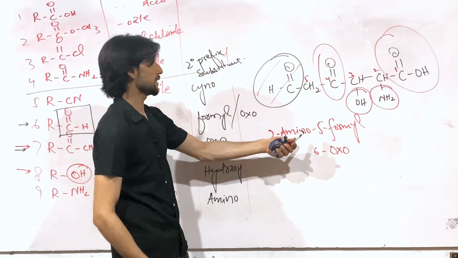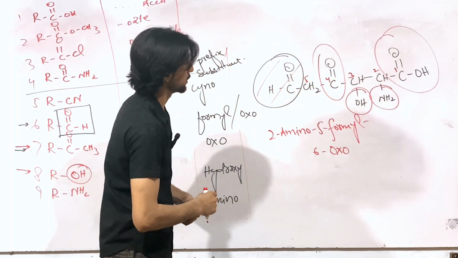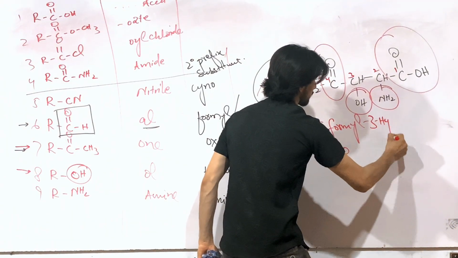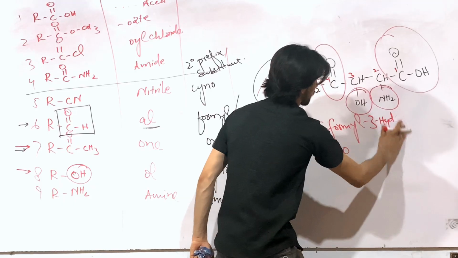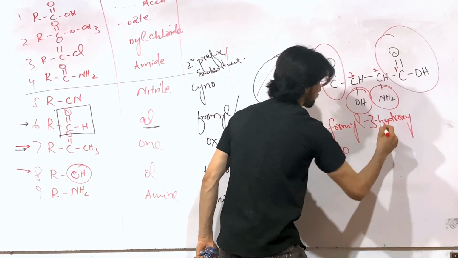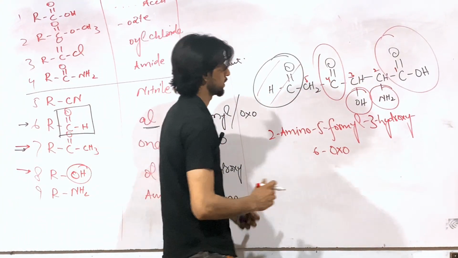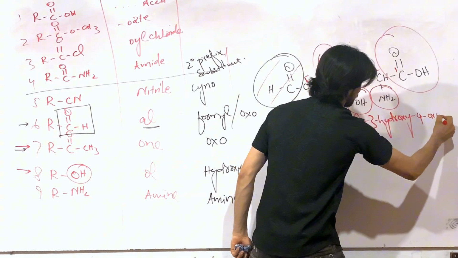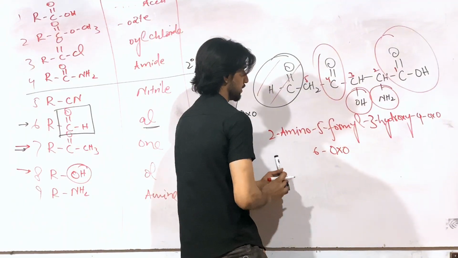So I have written it as formyl, and I have got 3 on carbon number 3. I have got hydroxy, and I have got oxo at carbon number 4, 4-oxo, and here we have got 5 carbon atoms.